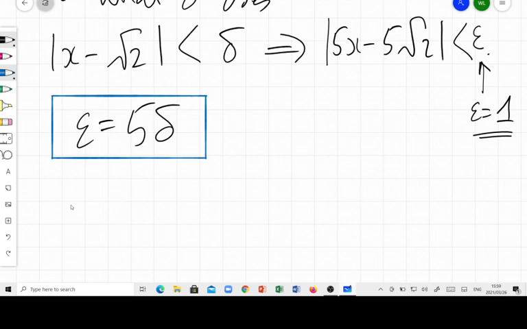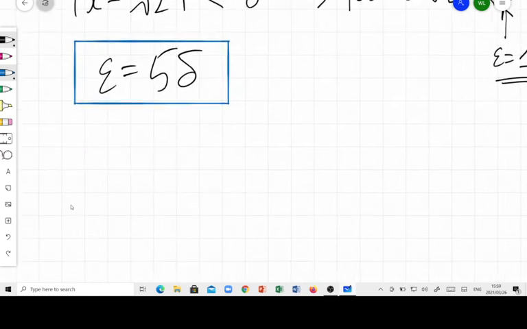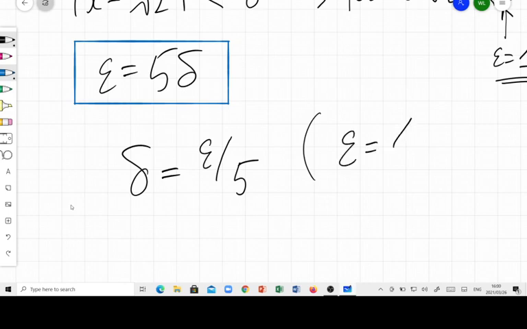If we think of epsilon as 1, then the delta that will rise to the challenge will just be epsilon over 5. Remember, in our previous example, our epsilon was 1.